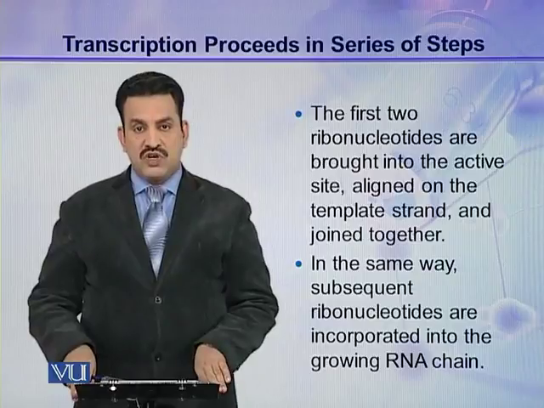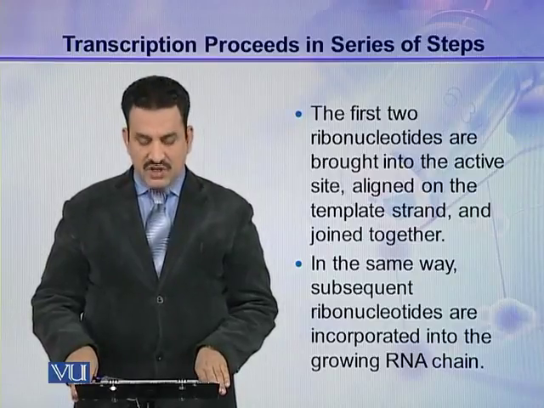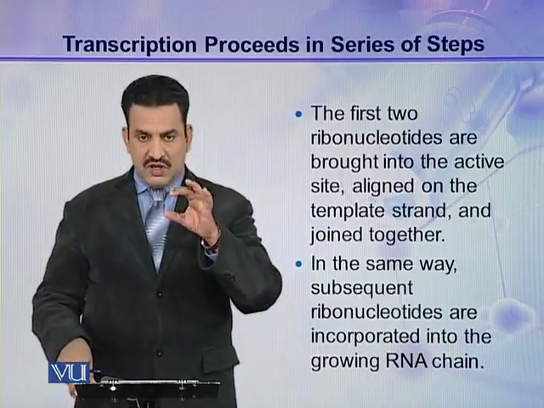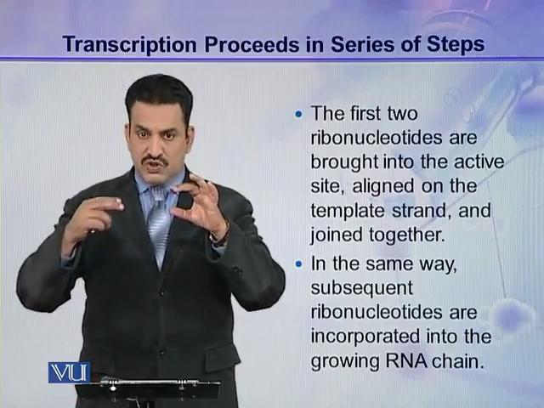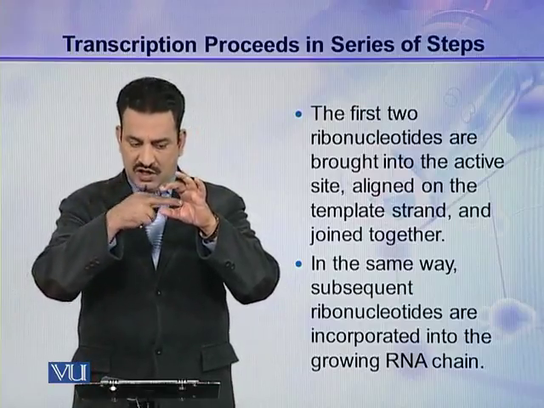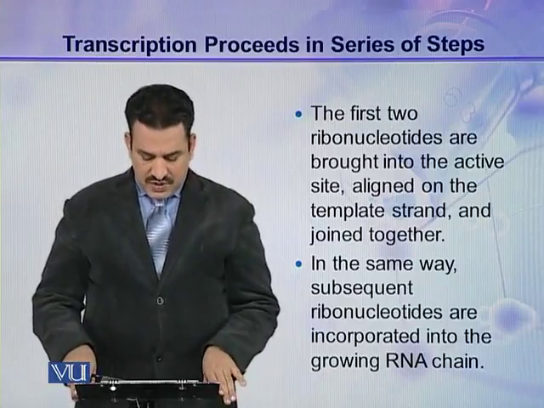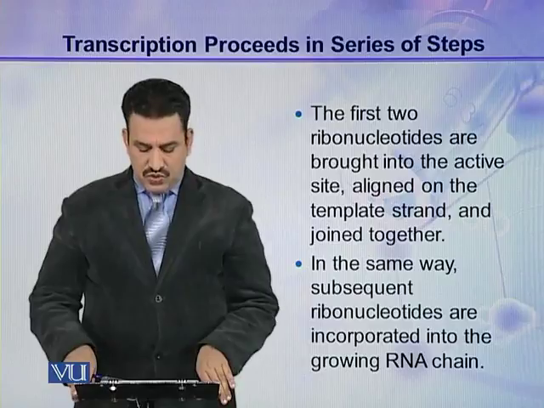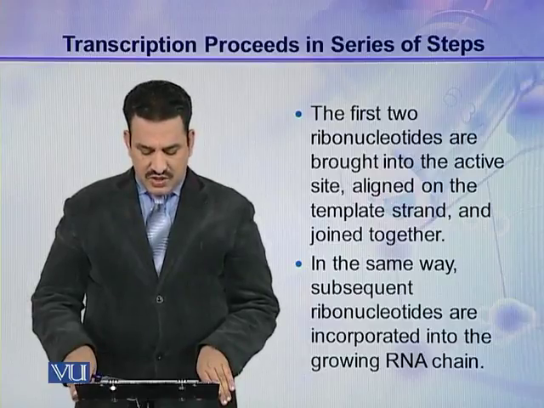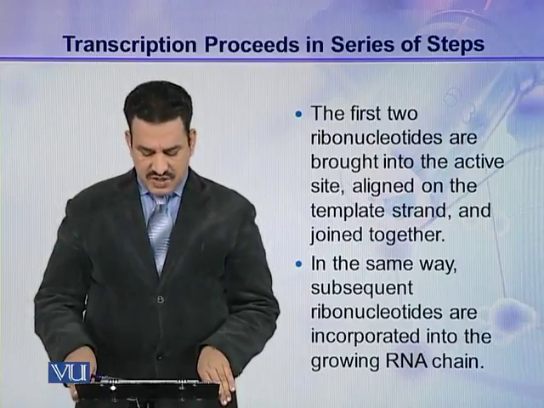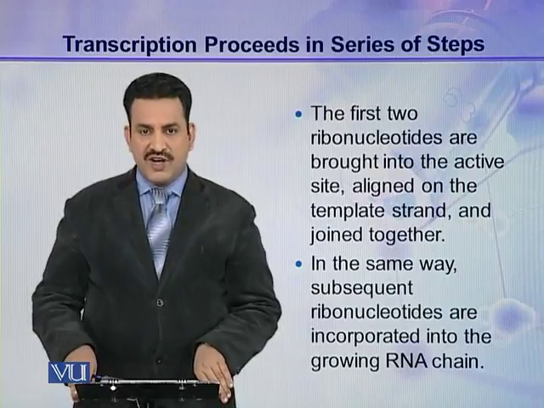The first two ribonucleotides are brought into the active site of the RNA polymerase, which, you know, is the cleft in the center of this claw. So these two ribonucleotides are then aligned on the template strand and joined together.